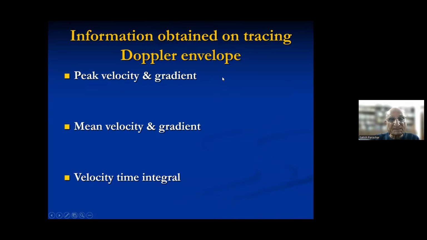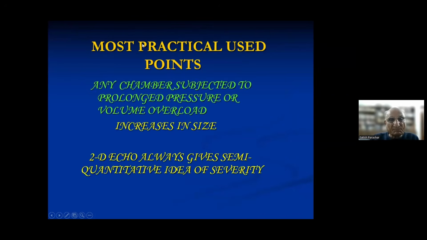So these are the basics we have discussed till now, which were all told to you earlier, and you can just recapitulate. Now remember, the most important point I told you during Doppler was that any chamber subjected to prolonged pressure or volume overload increases in size.